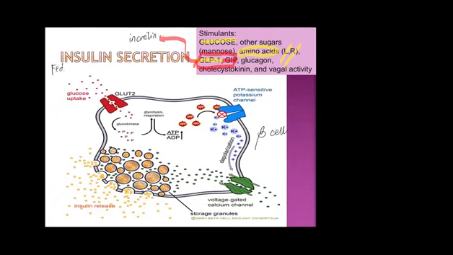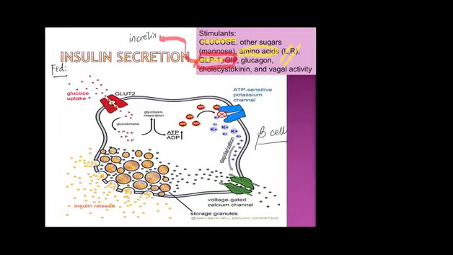When we eat, we expect a lot of glucose freely circulating in the body. In that case, the glucose can reach the beta cells of the pancreas.